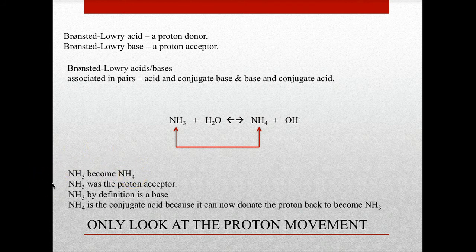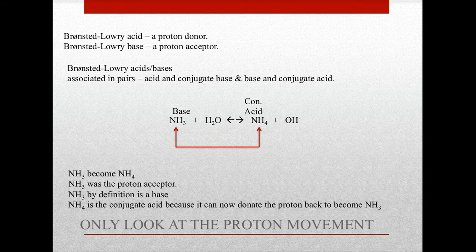Well, because NH3 is a proton acceptor. It accepted a hydrogen. We see the hydrogen change. It was 3 here, and now it's 4, so it accepted a hydrogen. So by definition, proton acceptor is a base. So NH3 is a base, and it becomes NH4, so that's going to be its conjugate acid.